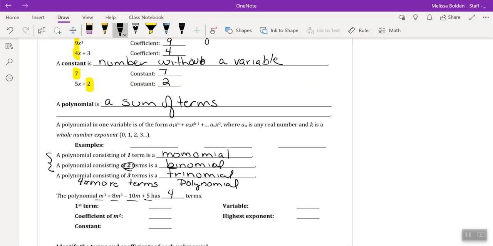And so the first term is m cubed. It has a coefficient of 1. The coefficient of m squared is 8. The constant in this is 5. The variable is m. And the highest exponent would be the 3.